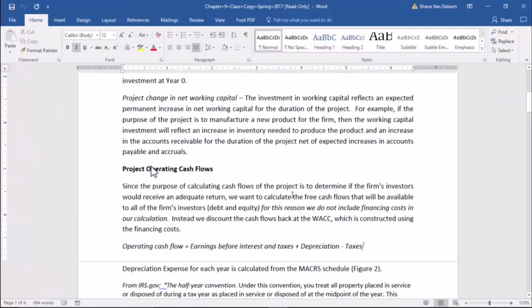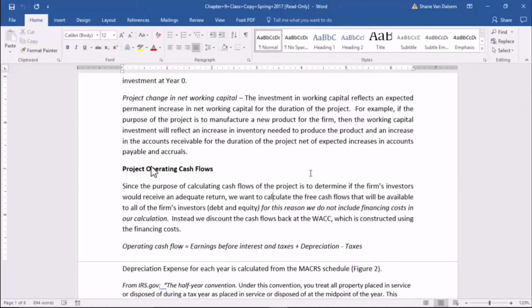Since the purpose of calculating cash flows of the project is to determine if the firm's investors would receive an adequate return, we want to calculate the free cash flows that would be available to all of the firm's investors. So the term free cash flows means that these are the cash flows left after we paid off all the operating expenses of the firm.